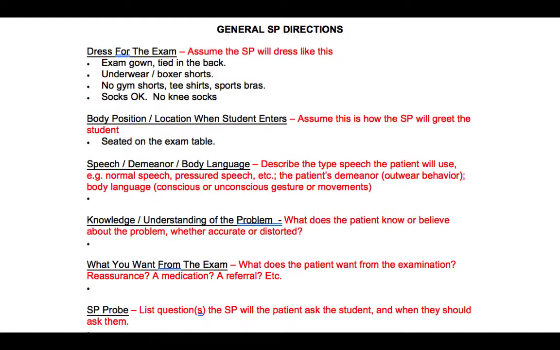What is their knowledge or understanding of the problem? What does the patient know or believe about the problem, whether it's accurate or distorted or delusional? When I was a therapist, I treated a family who all came in complaining of headaches. They thought the lady down the street didn't like them and gave them the evil eye.